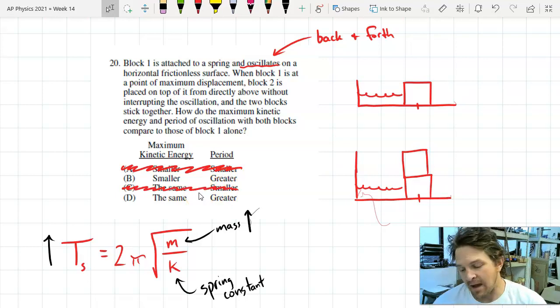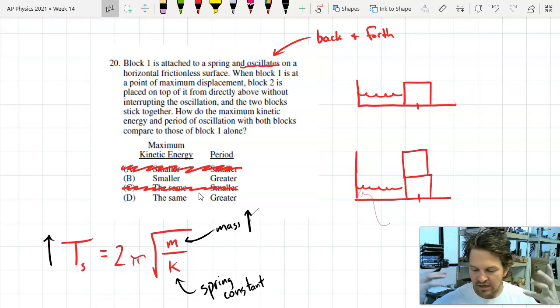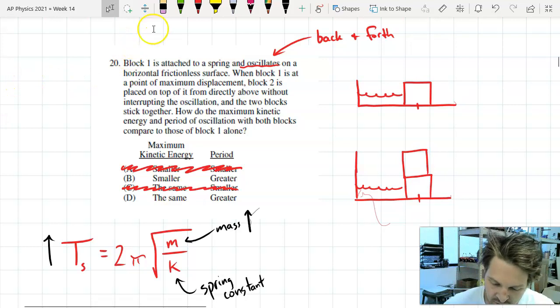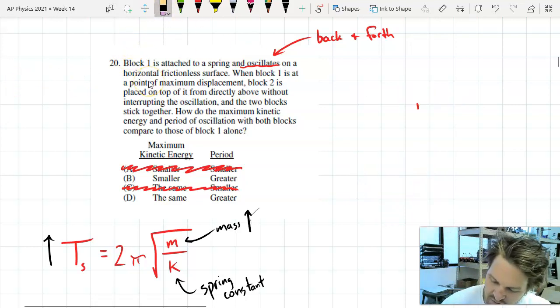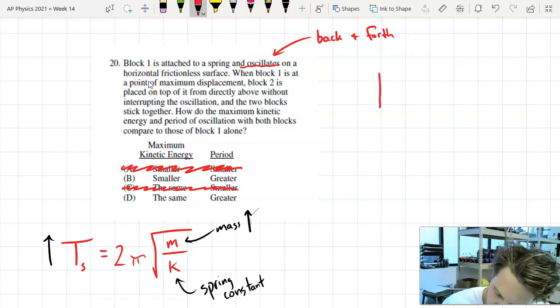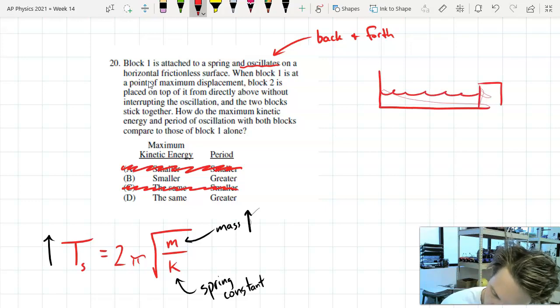Now I need to figure out maximum kinetic energy. Well, remember, the most energy it can get is the energy that it has from the spring, when the spring is all the way stretched out.